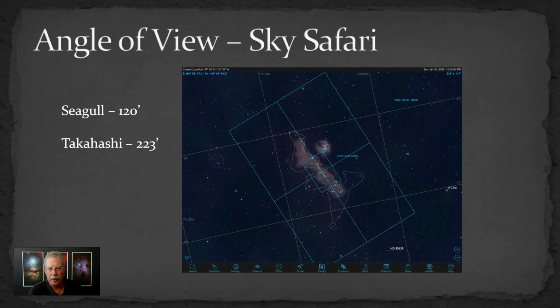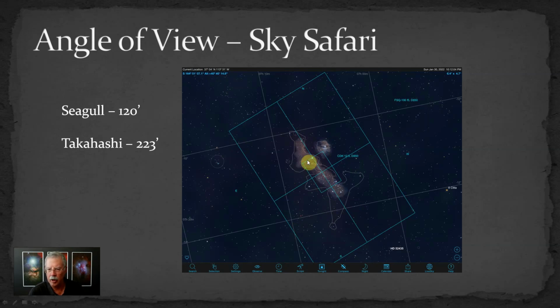If we look at it in Sky Safari, and this is showing the superimposed outline of the Takahashi FSQ 106 that I have, it really fits very nicely within that wider field of view.